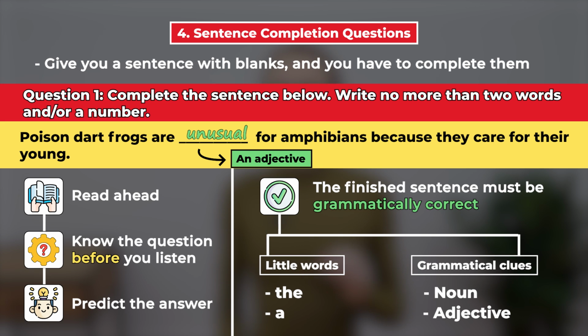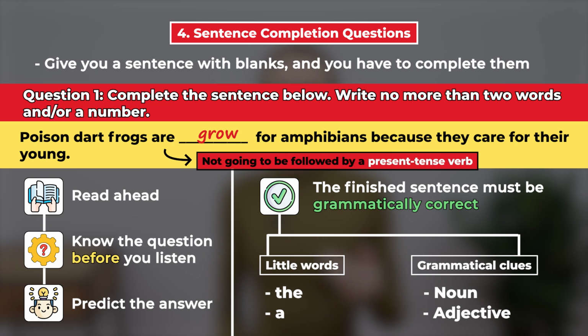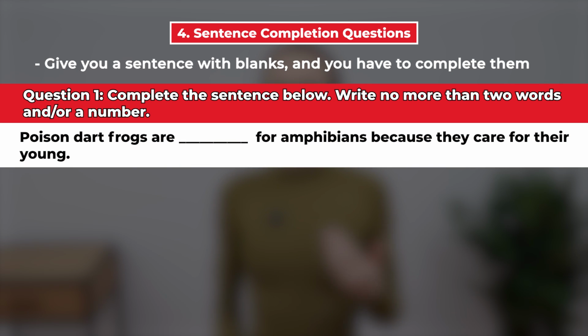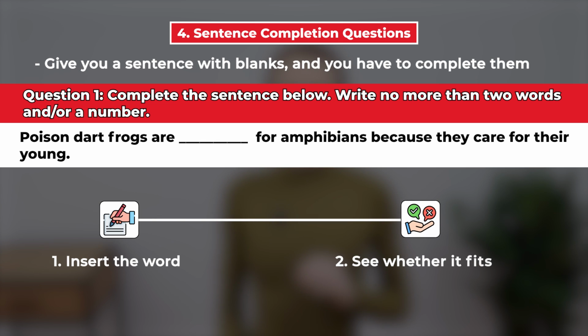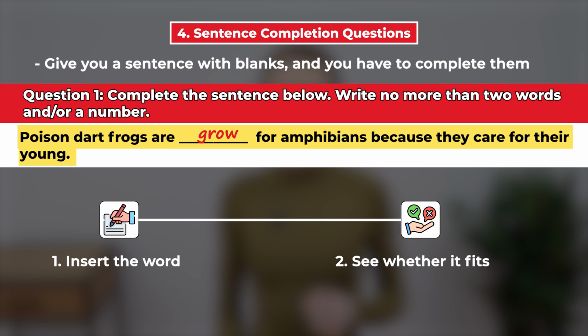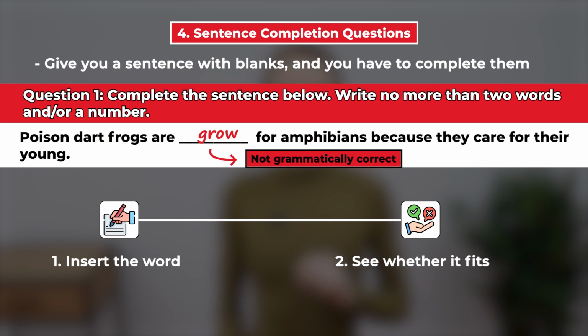The answer is not going to be grow because are is not going to be followed by a present tense verb. If you are unsure, just insert the word you think may go there and see whether it fits. If you insert grow here, you get poison dart frogs are grow for amphibians because they care for their young. That's not grammatically correct, so you know that a verb can't be the correct answer.